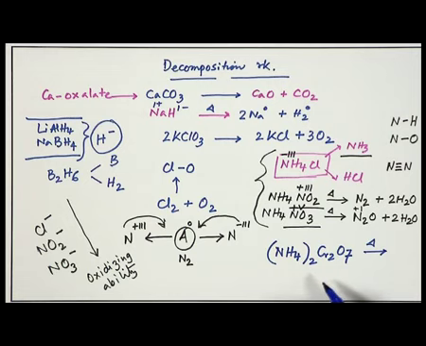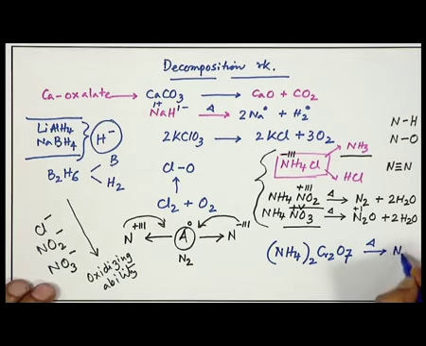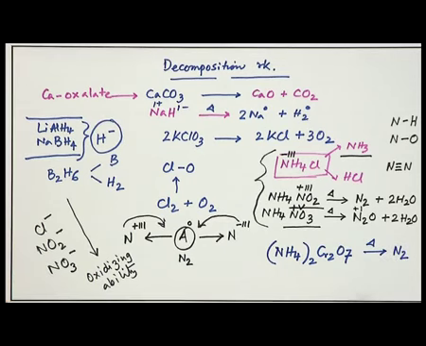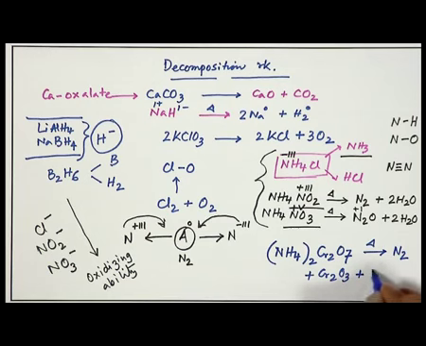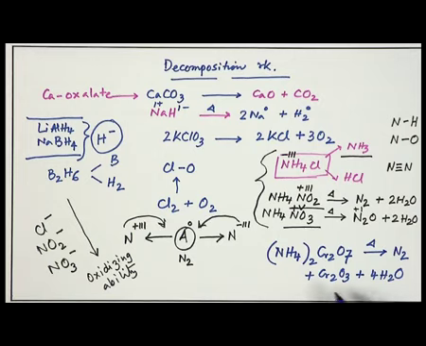So, the decomposition of this dichromate also takes the reaction to the production of N2, and along with N2 we have Cr2O3 and water molecules. It resembles a volcanic eruption, producing sparks and a large volume of green ash.